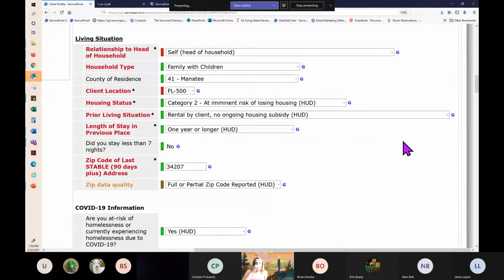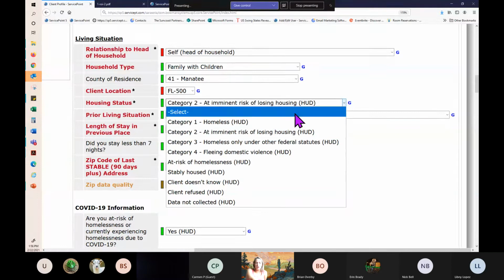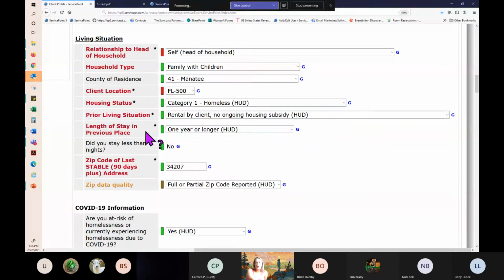And when we look at information like this about housing status and it says category 2, well, this client has identified to us that they are literally homeless. And prior living situation, where did you stay last night? At one point, the client was staying in a rental by client. That is not the case anymore. We know the client is in an emergency shelter.